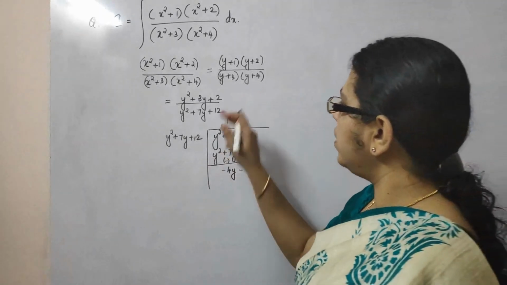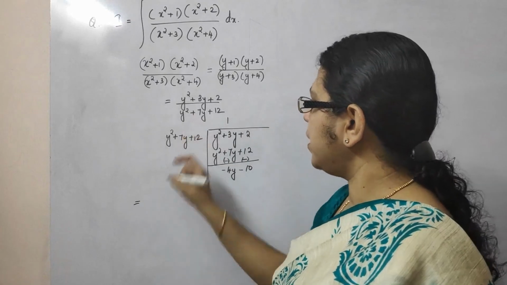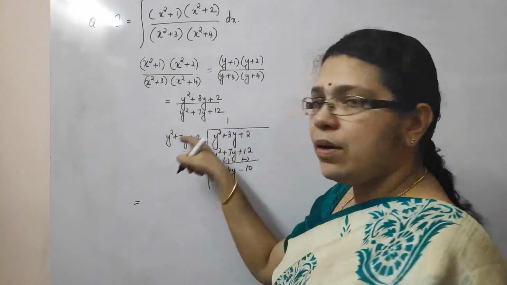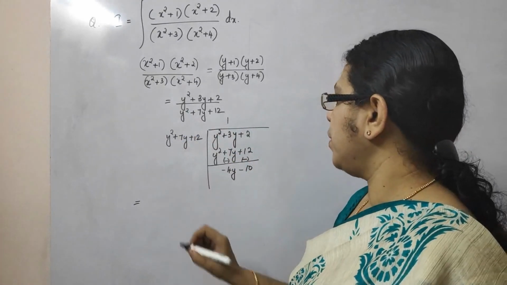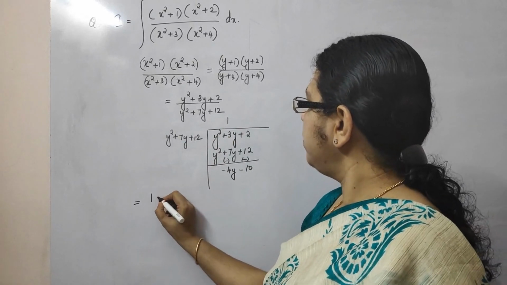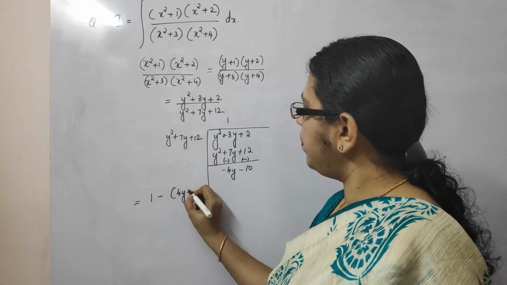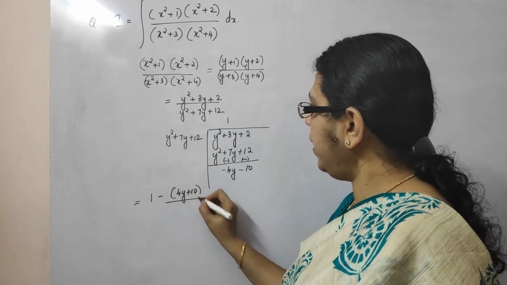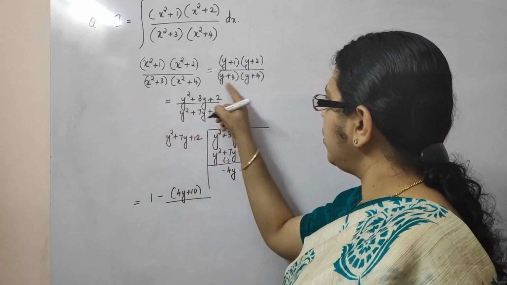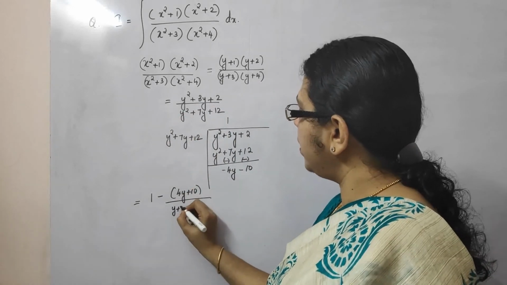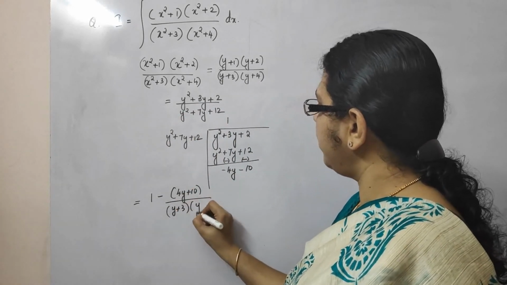Now this expression, this part is in the working column or somewhere near the problem. So I write 1 minus, taking a minus out, (4y + 10) by the same denominator, (y+3)(y+4).